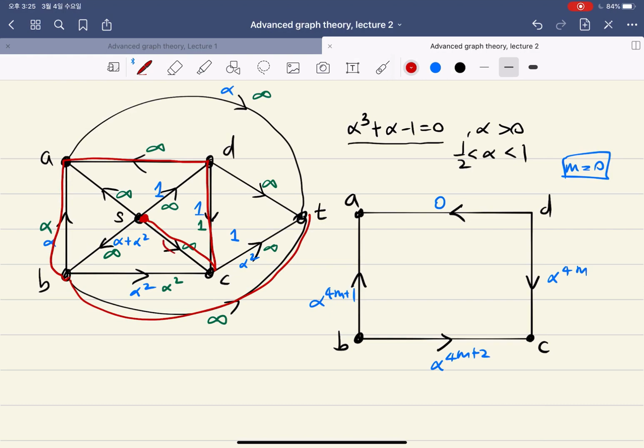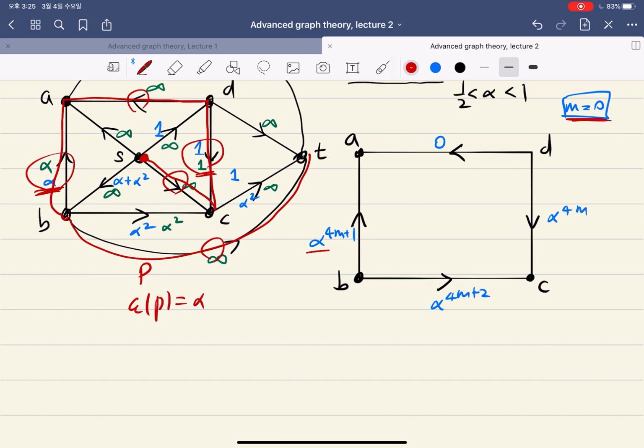Here this has infinite capacity and this has infinite capacity. It doesn't really matter that they have infinite capacity, and we only have to consider these two. And alpha is smaller than 1. So for this P, epsilon P is alpha. More generally, when m is 0, it's alpha to the 4m plus 1.